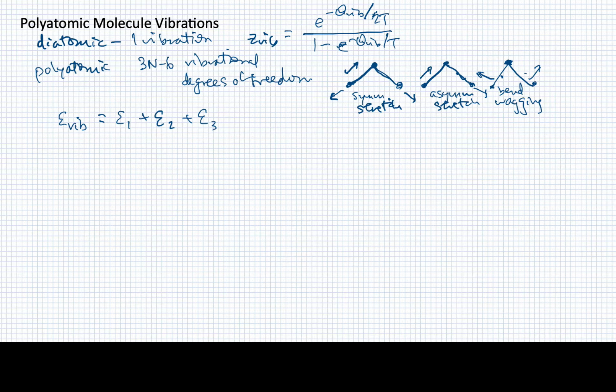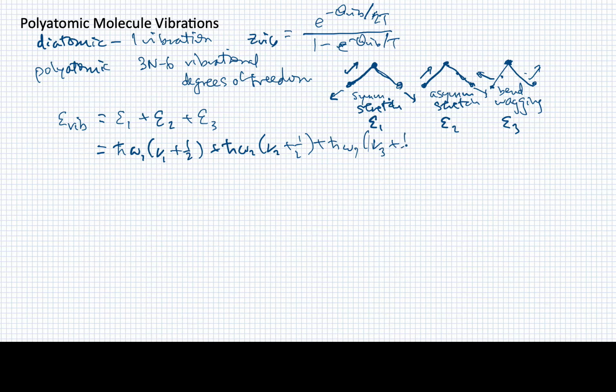So these three energies would correspond to the energies of these 3 modes. And I could write each of these as harmonic oscillators so that I would have h bar omega 1 times v1 plus 1/2 plus h bar omega 2 times v2 plus 1/2 plus h bar omega 3 times v3 plus 1/2.